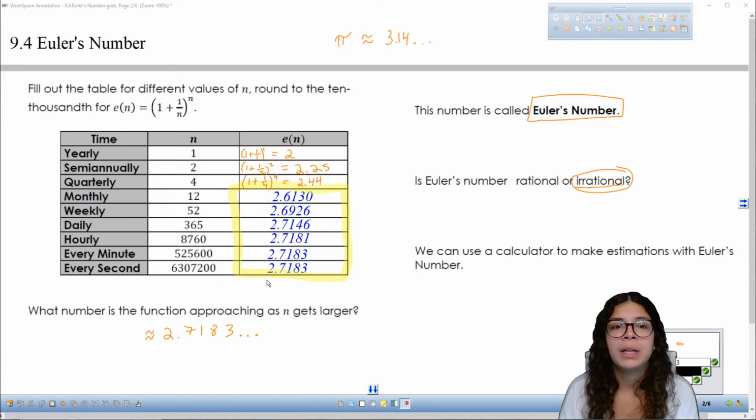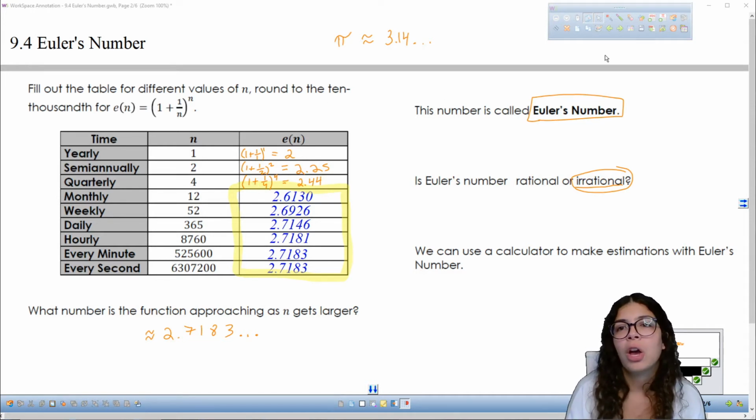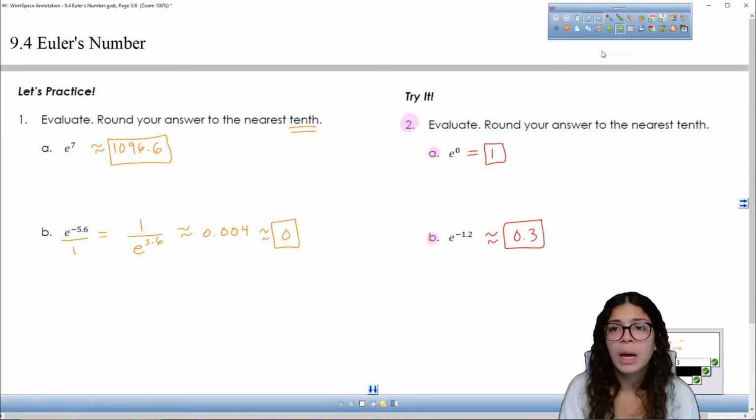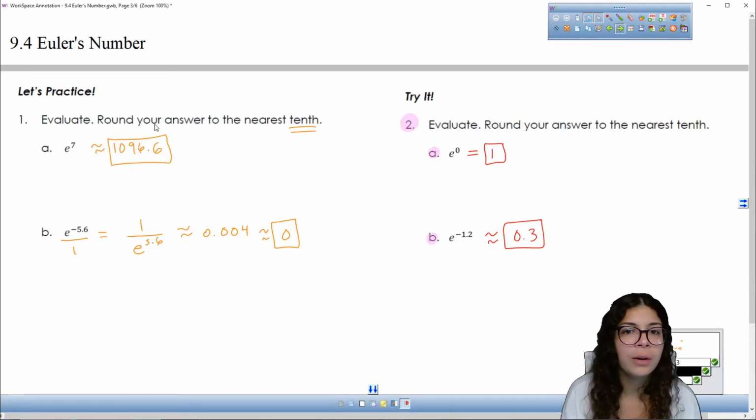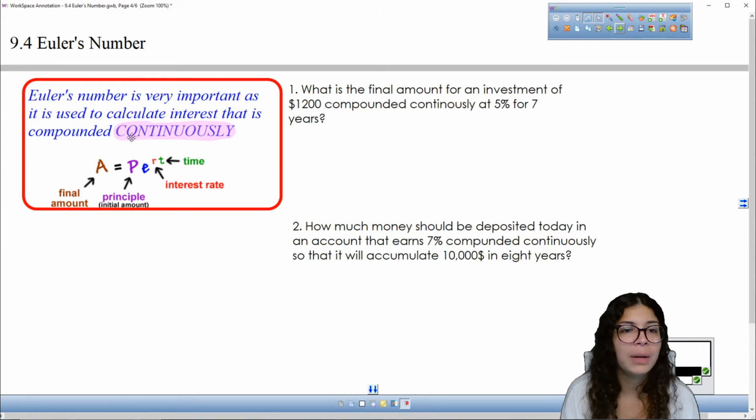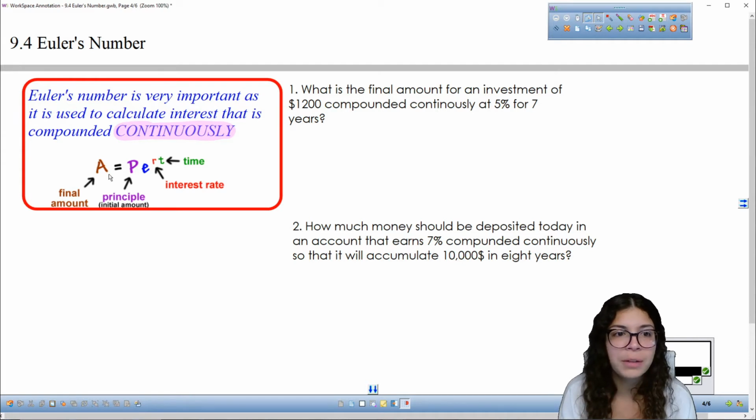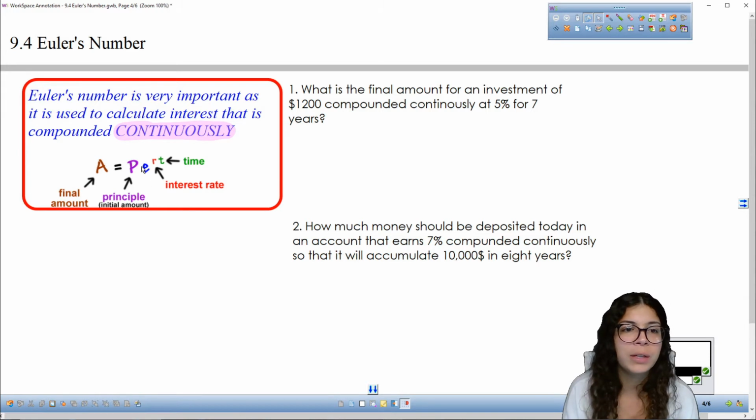So the more and more compounding that we do, the closer and closer we get to Euler's number. So Euler's number is a number we can use in the formula for interest that is compounded continuously. So not only every minute, not only every second, not even every millisecond. It's continuously compounded. The formula for compounding continuously is A of t equals P, our principal, whatever the initial amount is, and then this is where it changes.